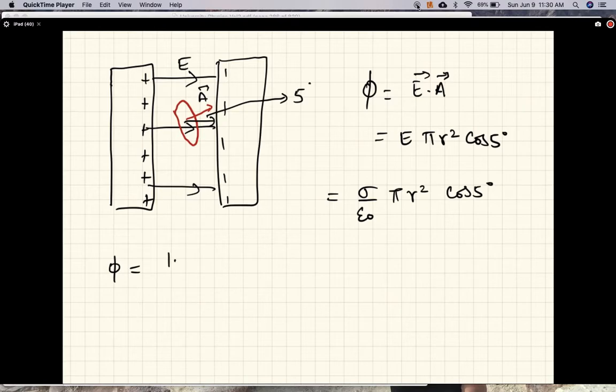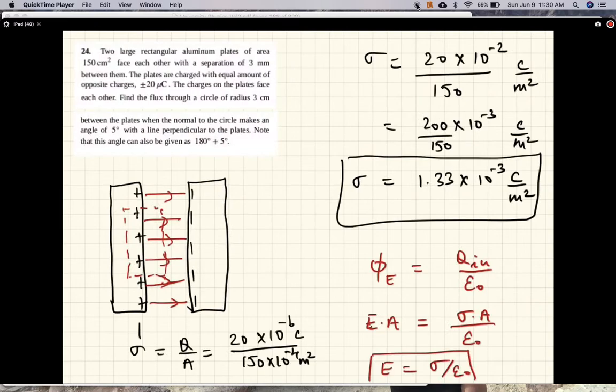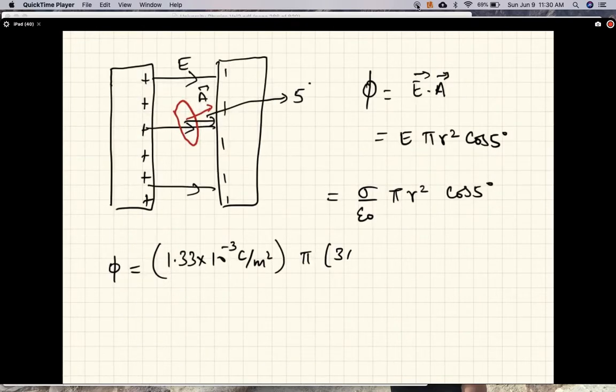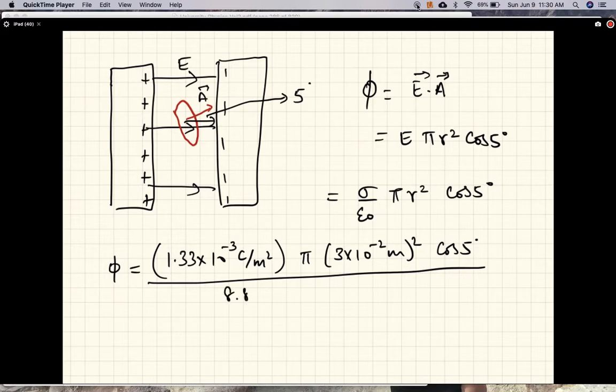Sigma is 1.33 into 10 minus 3 coulombs per meter square, by r is 3 centimeters, no, 3 centimeters, 10 minus 2 meters square, cosine 5 degrees, and epsilon naught is 8.85 into 10 minus 12 coulomb square per Newton meter square.